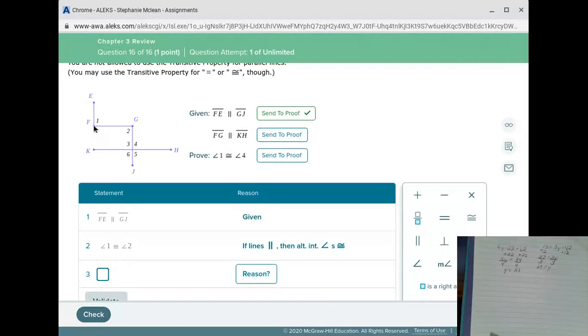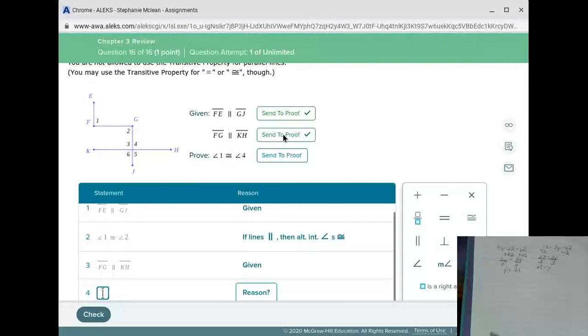Now, I know that FG and KH are parallel to each other. Since these two lines are parallel, I know something about angle 2 and angle 4.